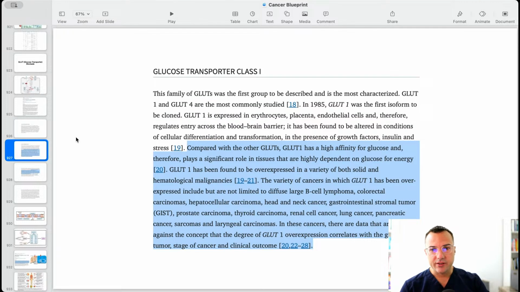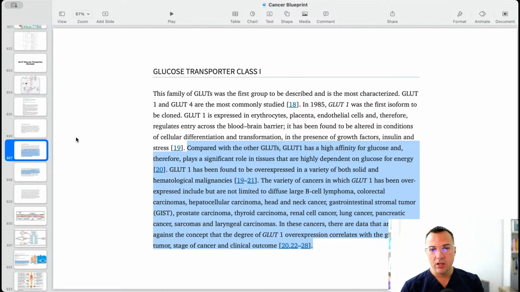It further says, compared to the other GLUTs, GLUT1 has a high affinity for glucose and therefore plays a significant role in tissues that are highly dependent on glucose for energy. GLUT1 has been found to be overexpressed in a variety of solid and hematological malignancies.